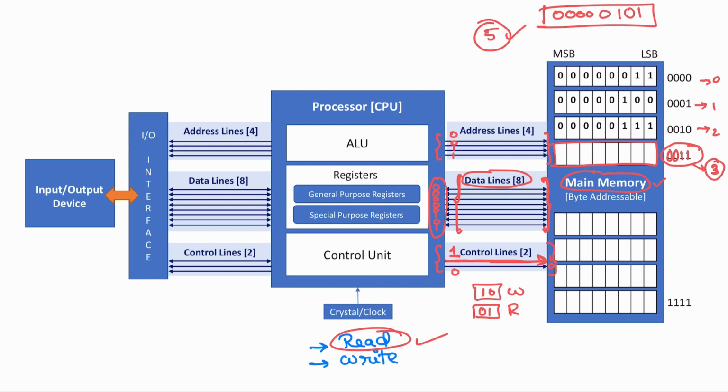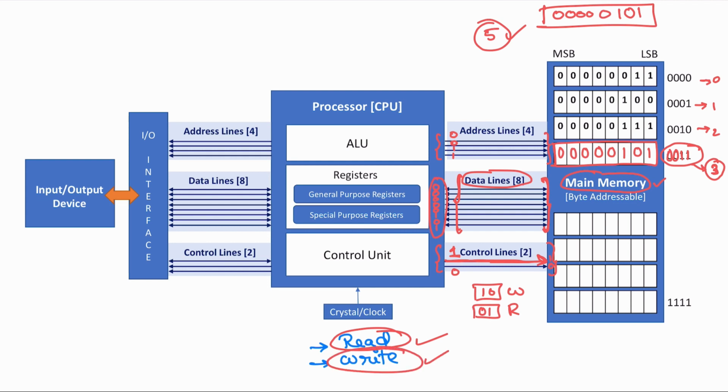So it will write 0 0 0 0 0 1 0 1 here. This is how write will happen. Main memory has updated its value on the 4th cell to 5, from some garbage value to 5. Now this is the write operation.